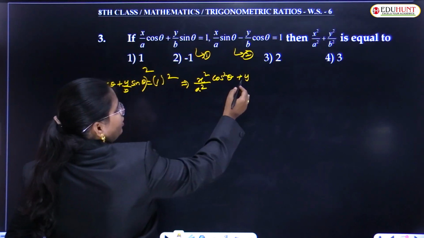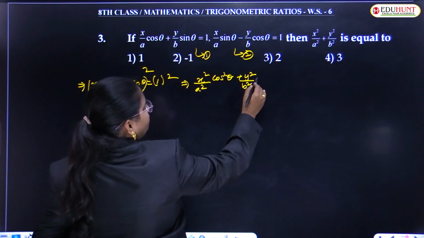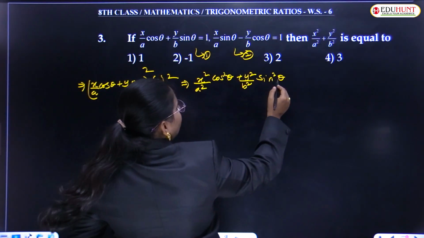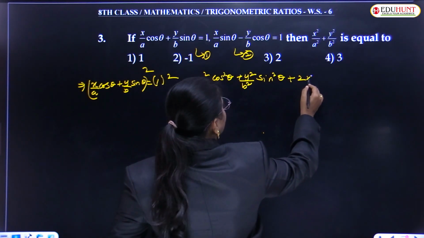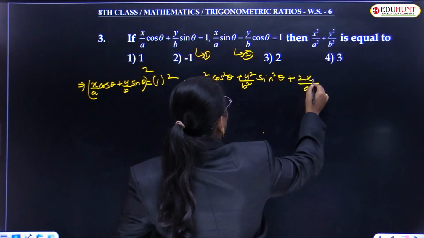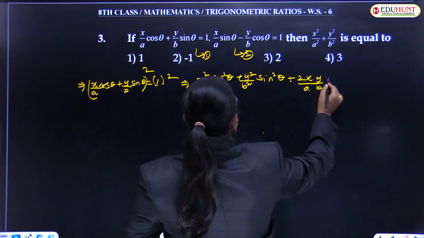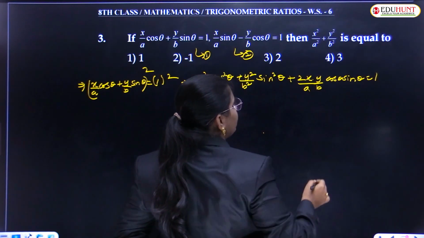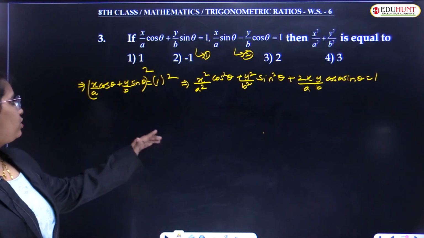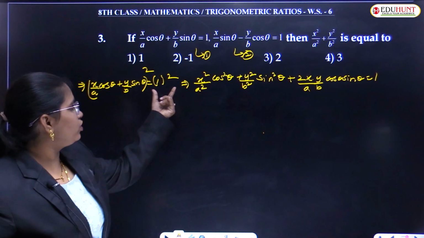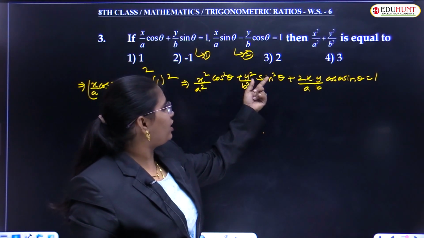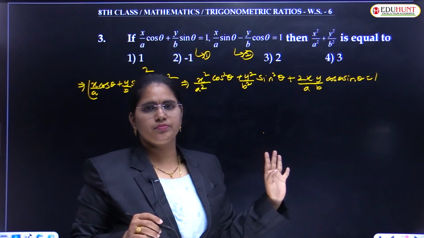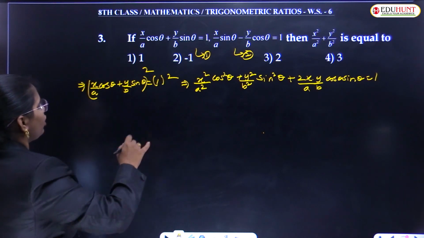Next, y square by b square sin square theta, plus 2 into x by a into y by b cos theta sin theta is equal to 1. Just look into this. I have done squaring on both sides: a square plus b square plus 2ab, and 1 square is 1. Done.